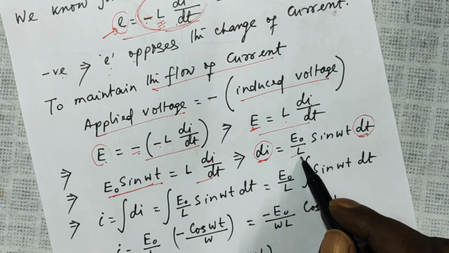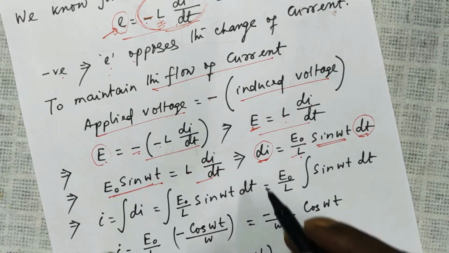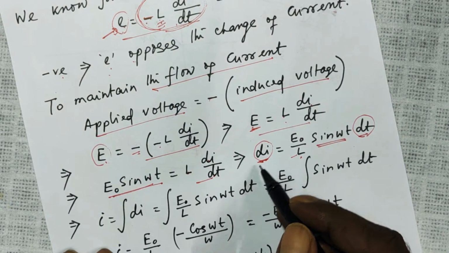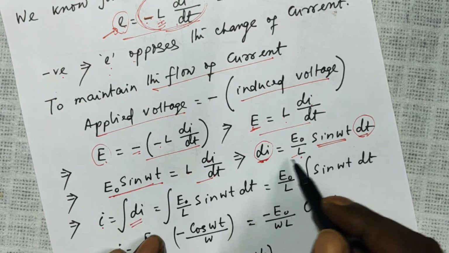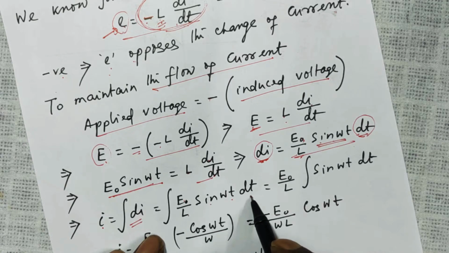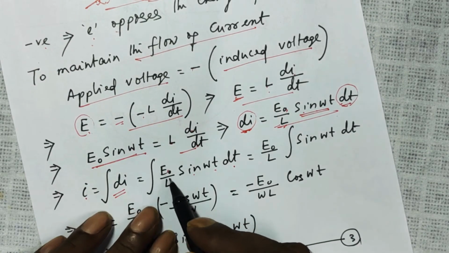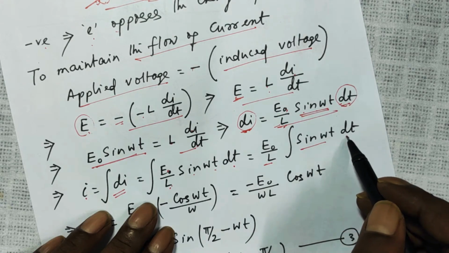E naught is constant, L is constant. So only the variable is here. So let us integrate. If you integrate di, you will have the total current. So the total current I is equal to integration of di. Now for di, I put E naught over L sin omega t dt. Since E naught and L are constant, they are taken out, we are left with integration of sin omega t dt.